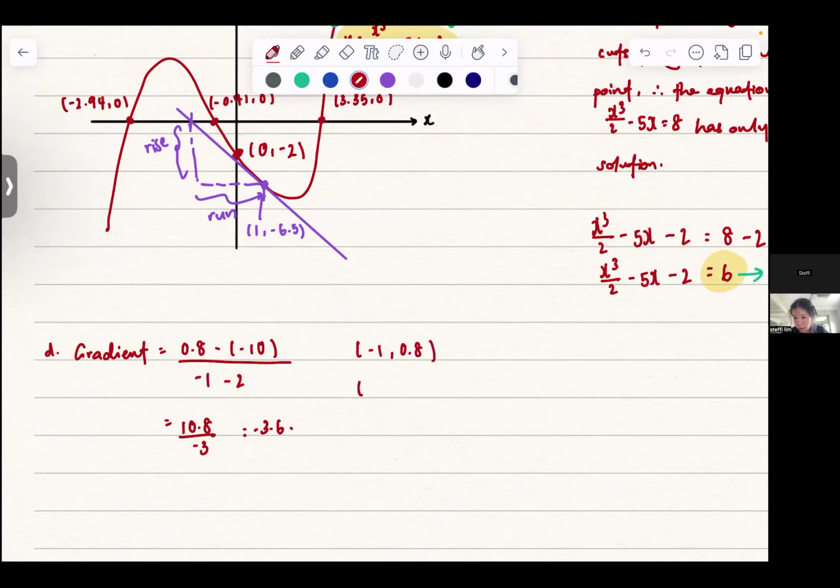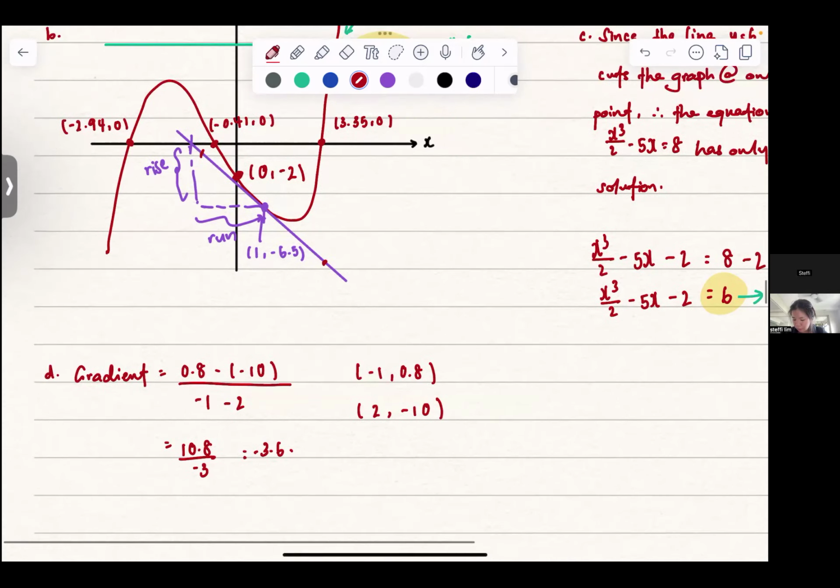And the second coordinates would be minus 2, is from 2, 2 and minus 10. Okay, probably here and somewhere here. That's where the suggested coordinates are. Yep.